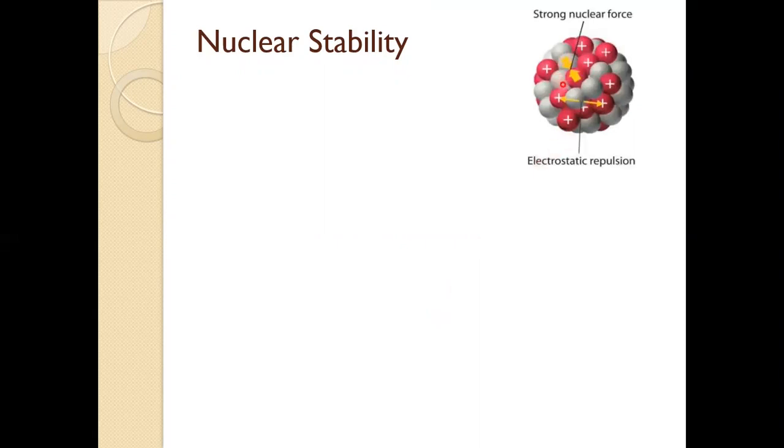When we have a nucleus, we have a very dense particle composed of protons and neutrons. Of course, protons have a positive charge, neutrons have no charge, and there are two forces at work in the nucleus. You have the electrostatic repulsive force that occurs when you have two like charged particles near each other.